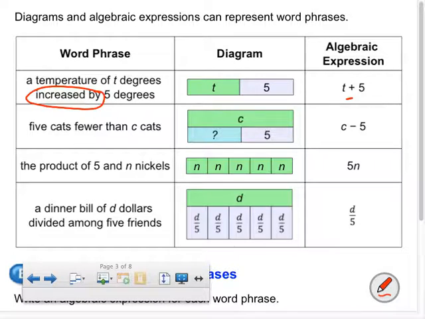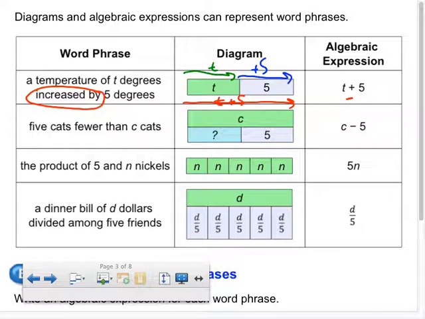Just wanted to bring up a couple. If you look at the diagram, here we have T, and then plus 5, and that gives you the total sum, which is T plus 5. Any questions about the first one?